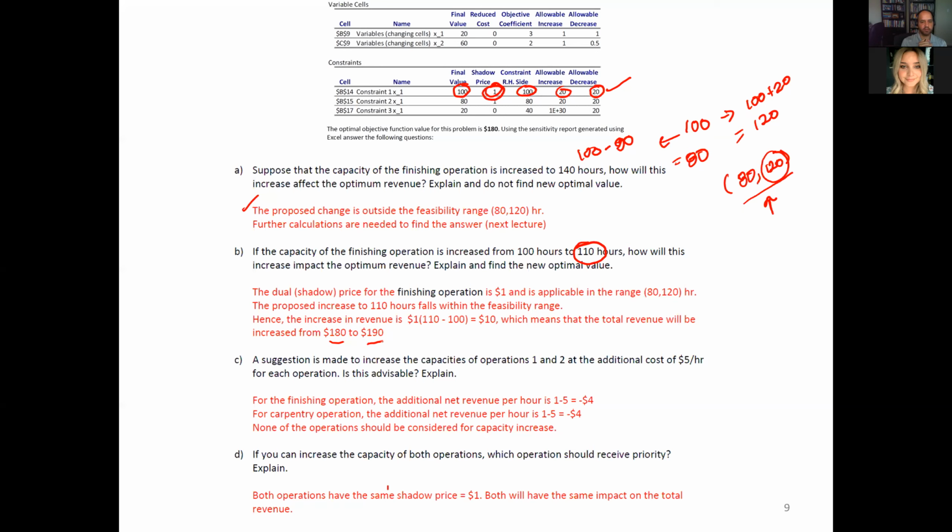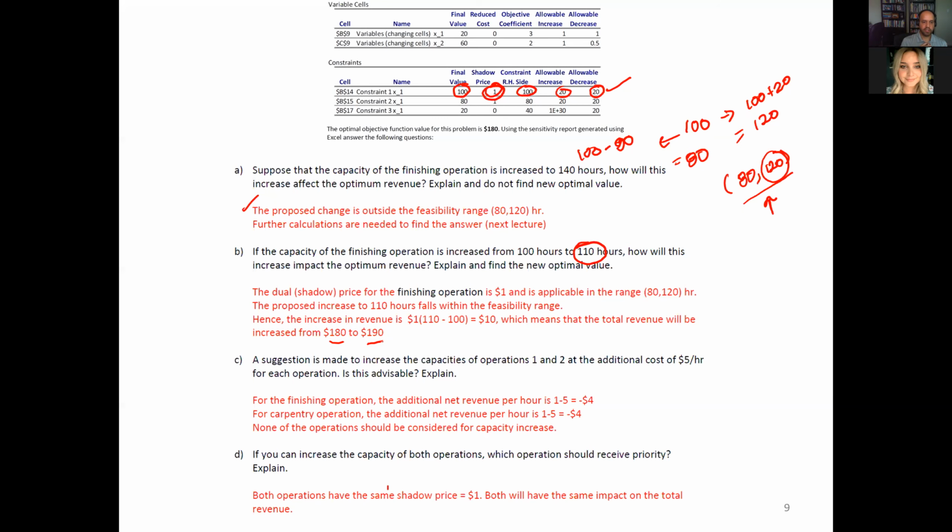So in this case, if we end up increasing this operation by 10 hours, then we will make an extra $10, which will be added to the objective function value. So that's the answer for this part.